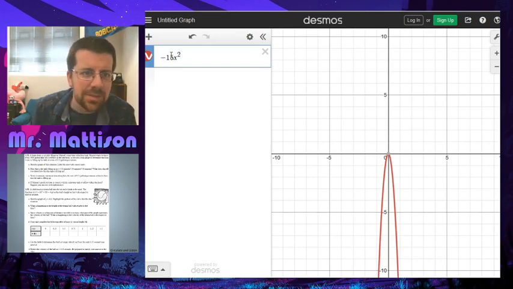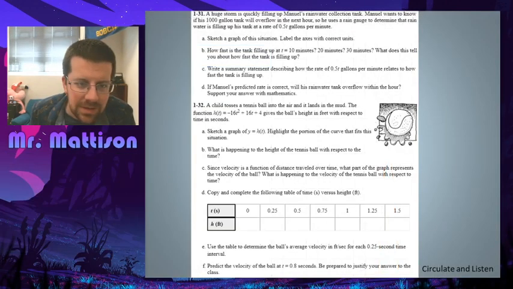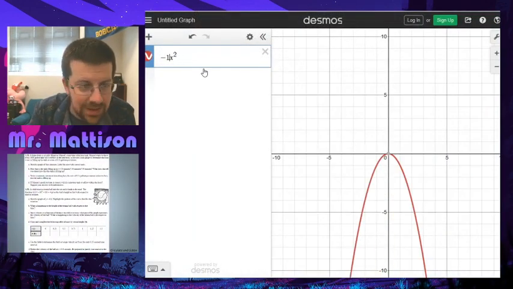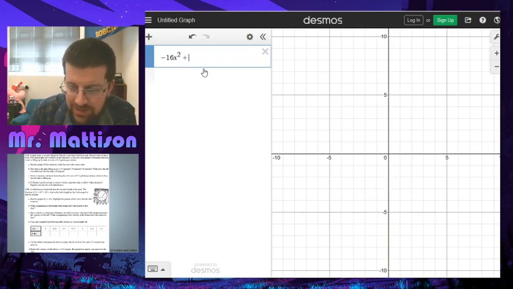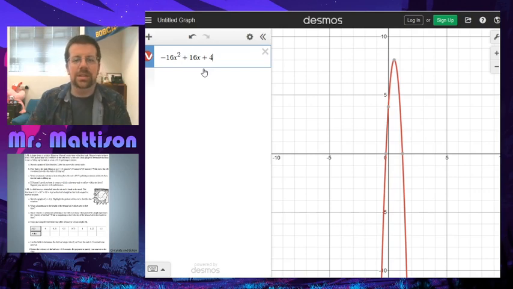Minus, is that minus or is it plus? I can't see very well. It's plus, sorry. Okay, that should be a 16, not a 15. Plus 16x plus 4. So here is our graph, right?